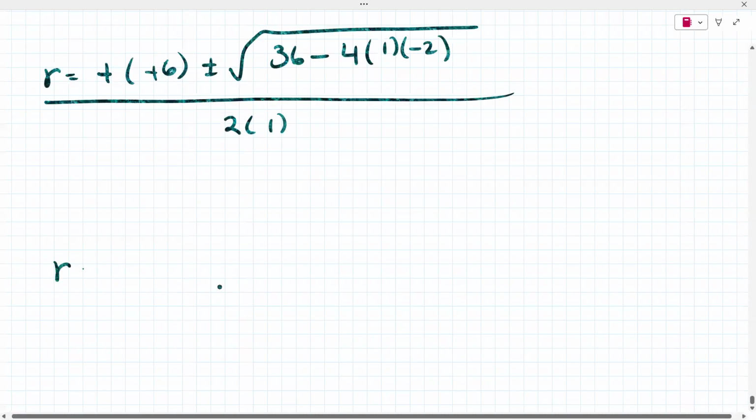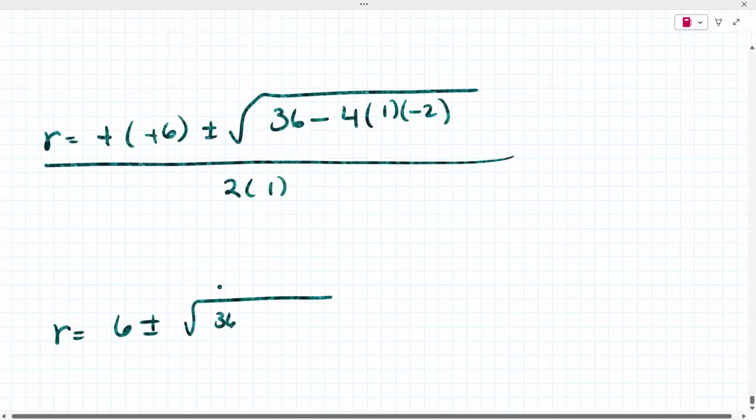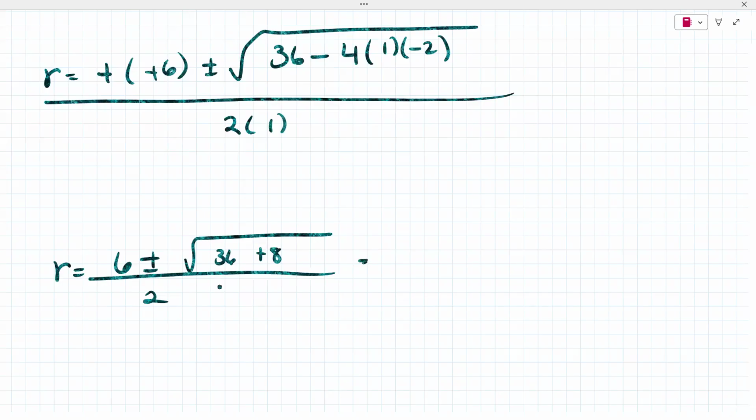So when you put it all together, you're going to get r equals 6 plus or minus the square root of 36, and then negative 4 times 1 times negative 2 is positive 8, all over 2. So that's r equals 6 plus or minus the square root of 44, all over 2.